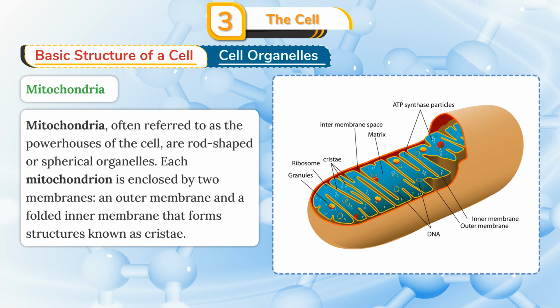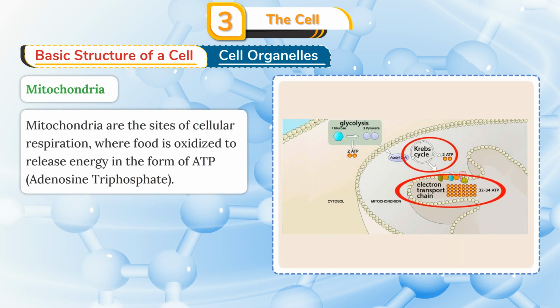Each mitochondrion is enclosed by two membranes, an outer membrane and a folded inner membrane that form structures known as cristae. Mitochondria are the sites of cellular respiration, where food is oxidized to release energy in the form of ATP, adenosine triphosphate.